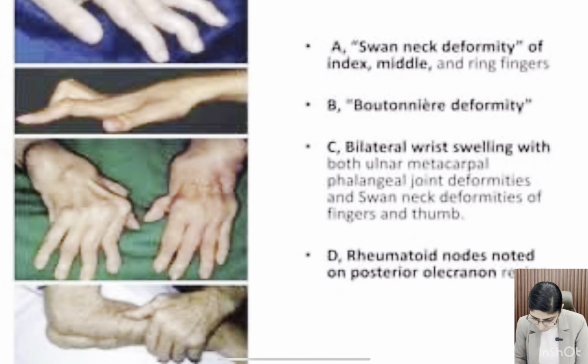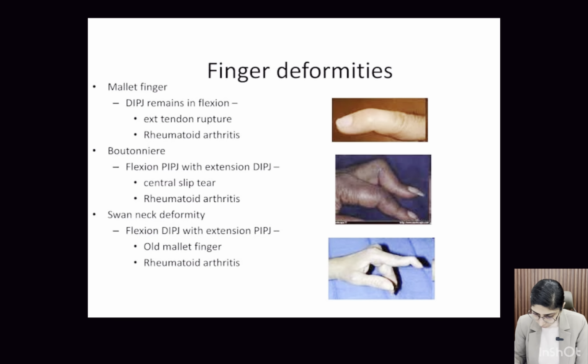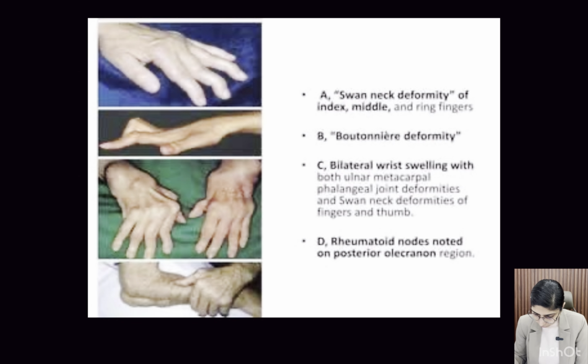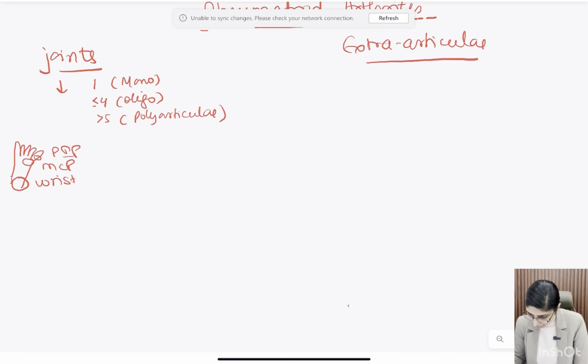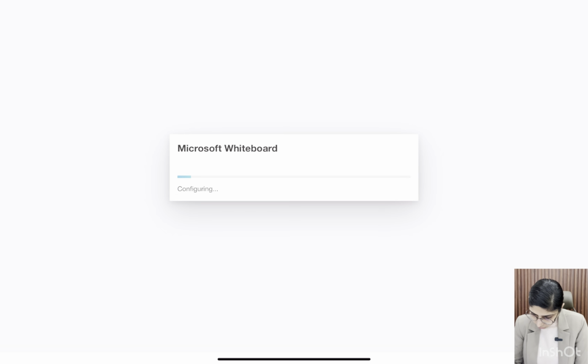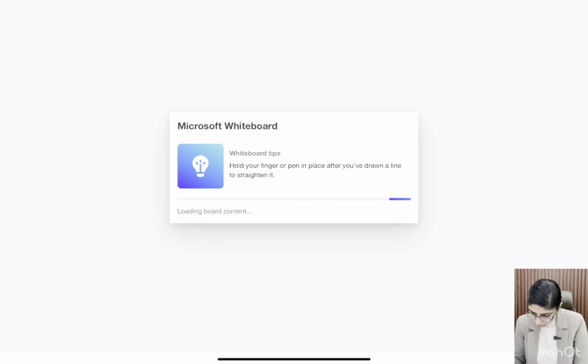And then these are the rheumatoid nodules. Let me add this picture over here, and let's start. Give me 1 minute. I will add the picture and I'll tell you how to remember all these deformities.